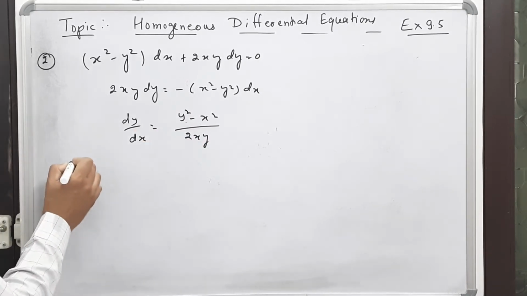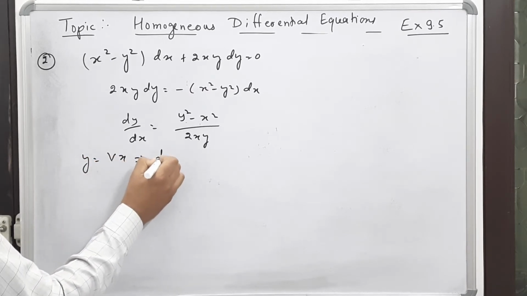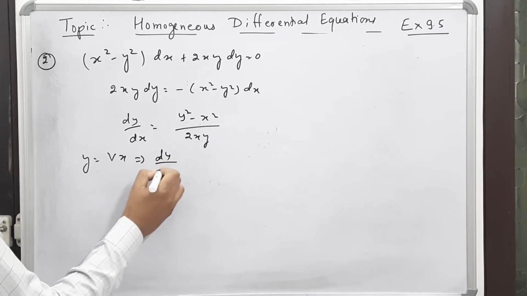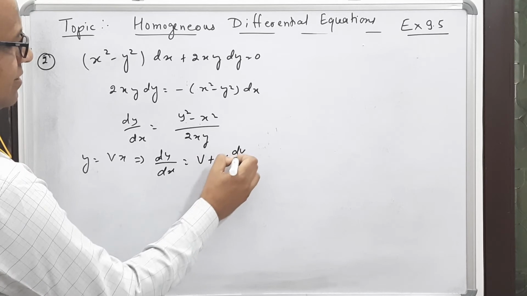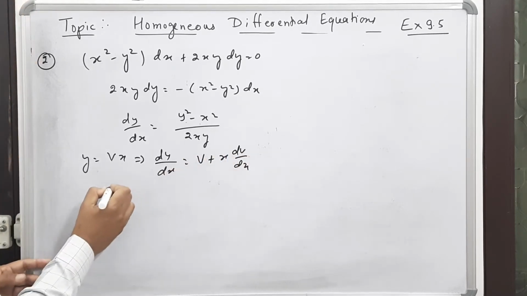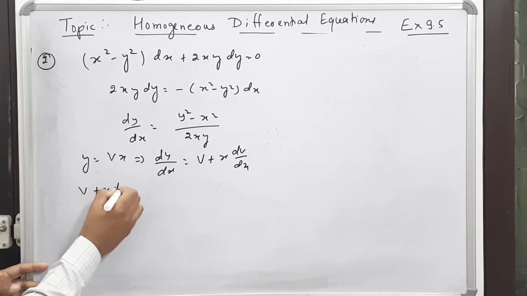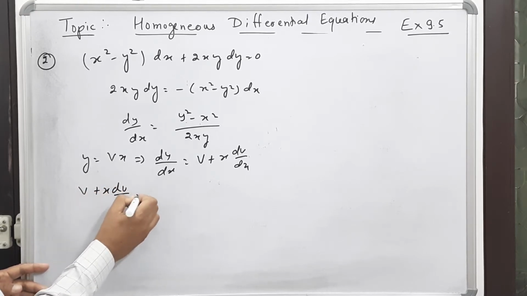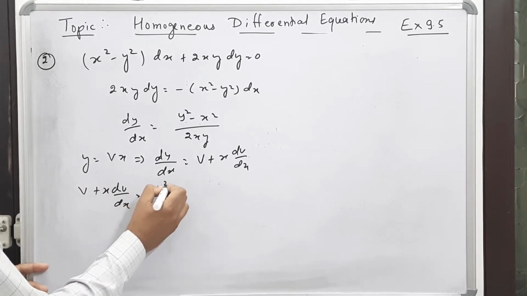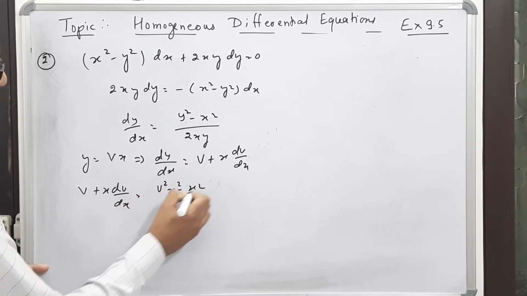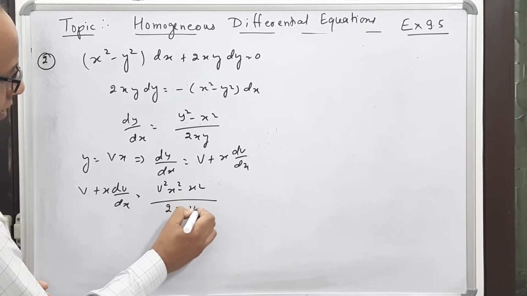And now, as per the methodology, we take y equal to vx. So dy by dx will be v plus x dv by dx. So we write now, v plus x dv by dx, that is dy by dx, equals y square, which is v square x square, minus x square, upon 2x times vx.